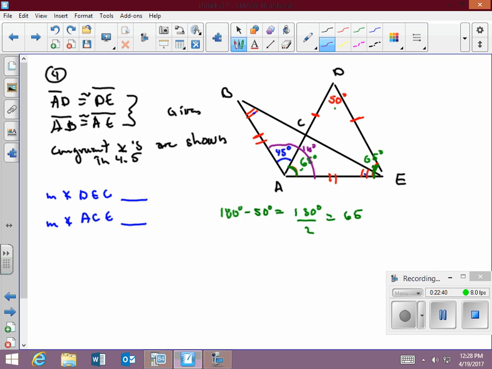So if we take 180 minus 110, then we have 70, right? And half of that is 35. So this angle is 35 degrees, and this is 35 degrees.